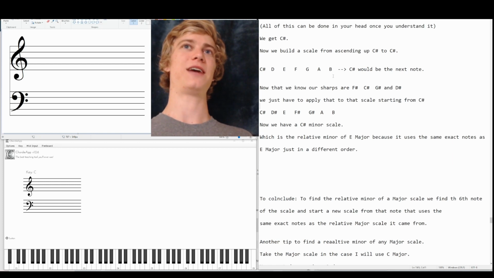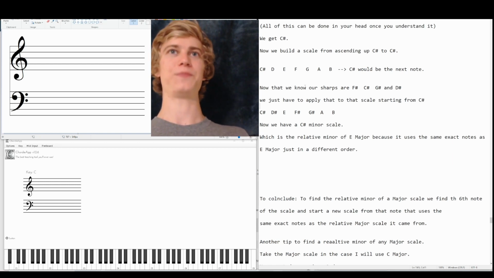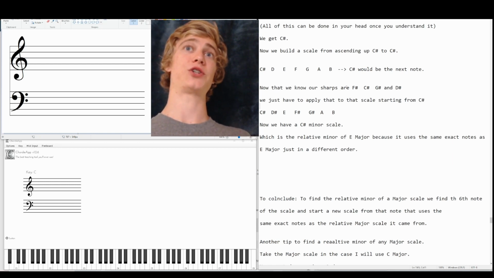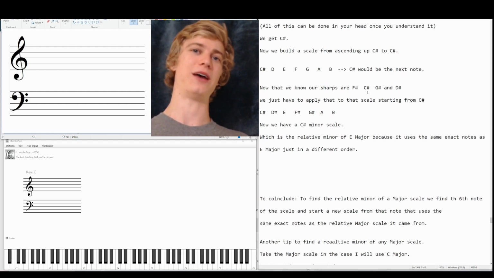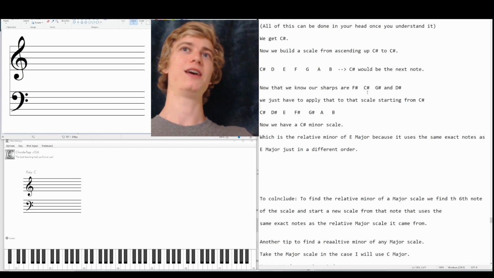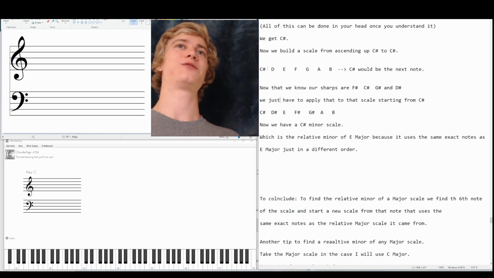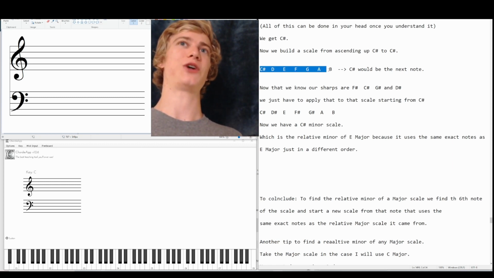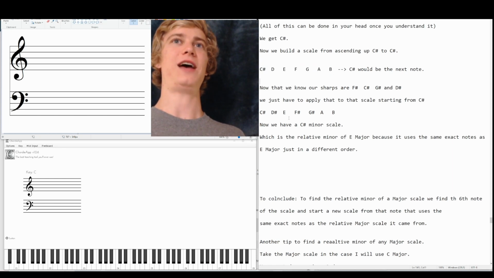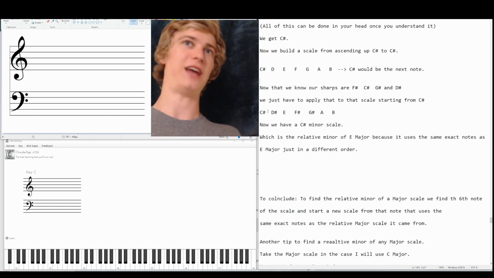So as you can see, after this B note, our next note would be C sharp. But now that we know our sharps are F sharp, C sharp, G sharp, and D sharp in that relative major key, now we're just going to apply those accidental notes on that progression from C sharp that we had up here. So now we're going to add our F sharp, C sharp we already had, G sharp, and D sharp.